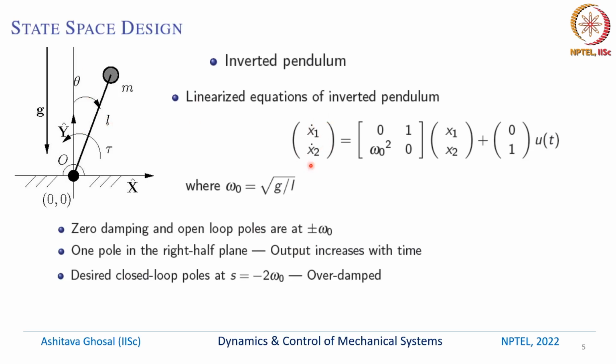So then what you will get is x1 dot is equal to x2, and x2 dot is omega 0 square into x1 plus u of t.